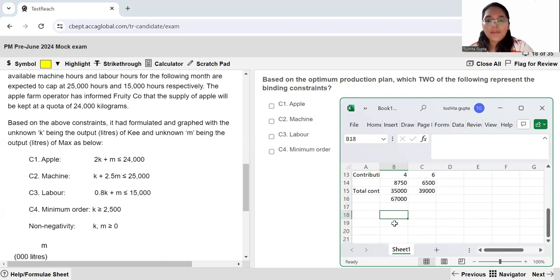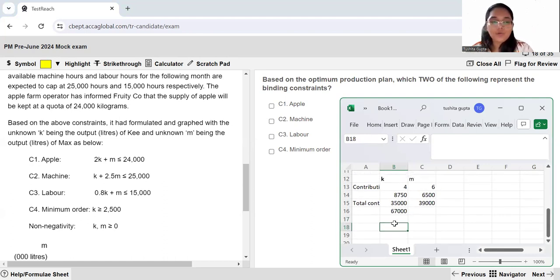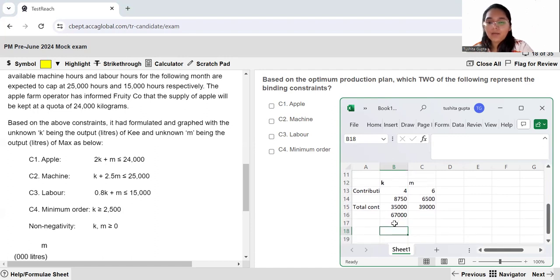If you put in the value of 2K plus M, 2 multiplied by K, which we found out as 8,750, plus M, M is 6,500. So you're getting 24,000 over here, which means this resource is totally being utilized. If it falls short, it's going to be a problem for your business. Now, this was constraint C1.